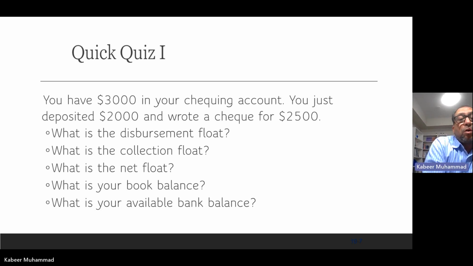We withdraw 2,500. We wrote a check and we see here that it is 2,500. And the available balance is still 3,000 because there is no change until the check is withdrawn and the amount is collected. You see, this is what we are discussing here.